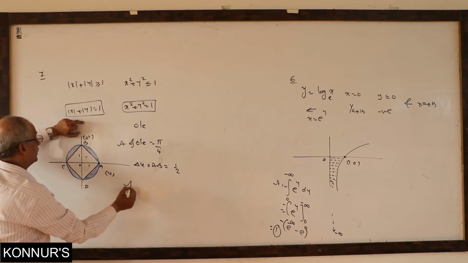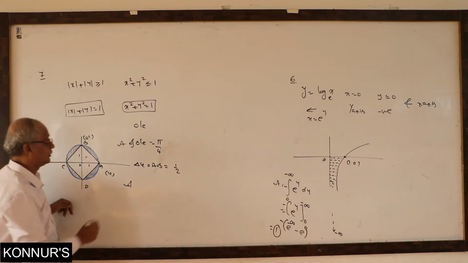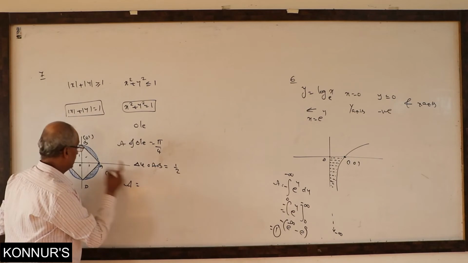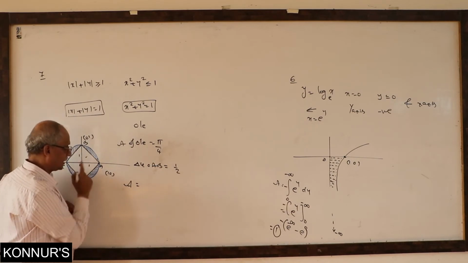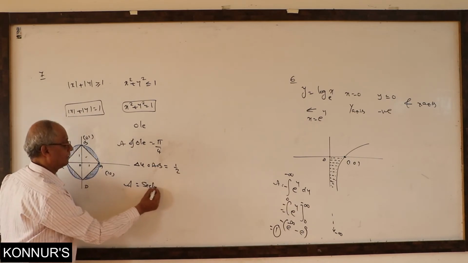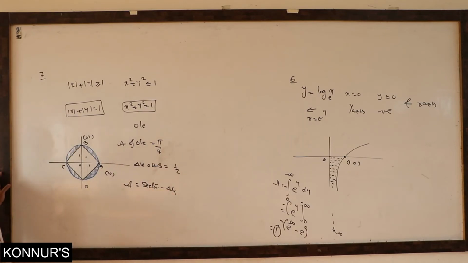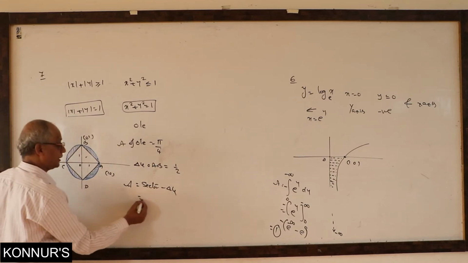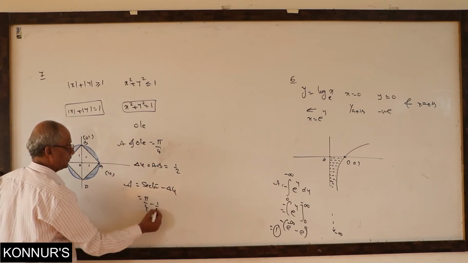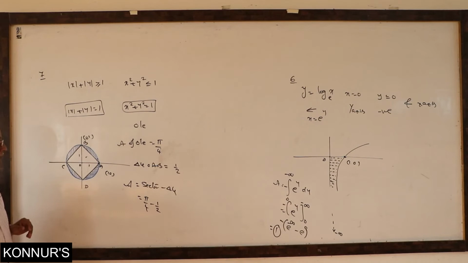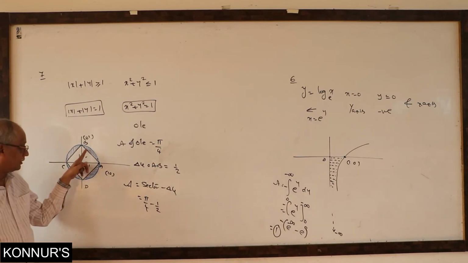We want A equal to sector minus triangle. The principle is over, as per geometry only I am doing. Finish. Pi/4 minus 1/2. You got this area.